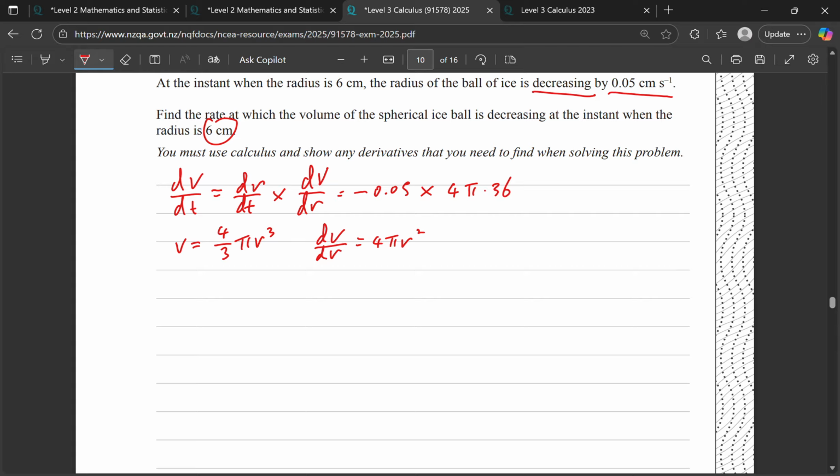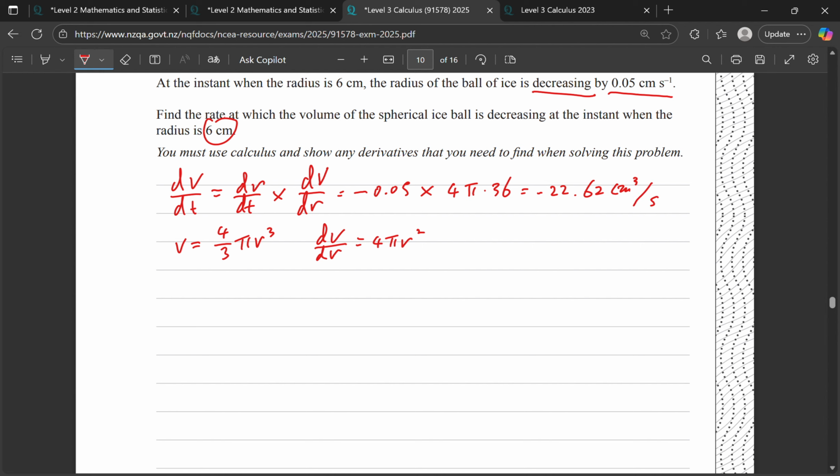Okay, so when we plug those numbers into the calculator, you will get minus 22.62. The unit must be centimeter cubed per second.